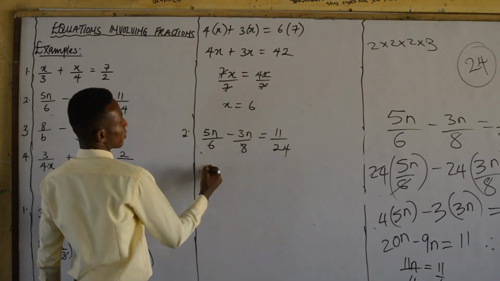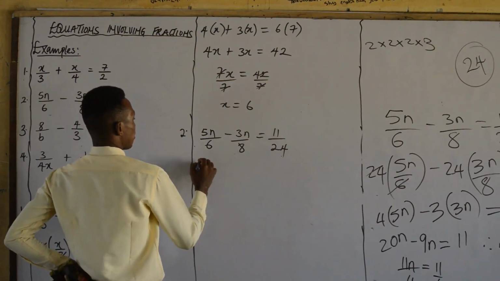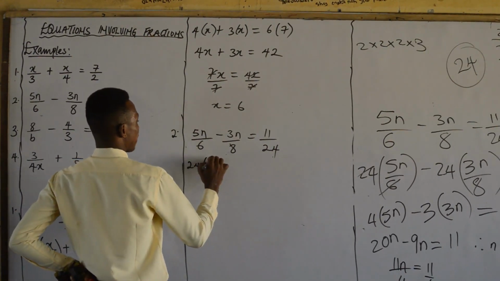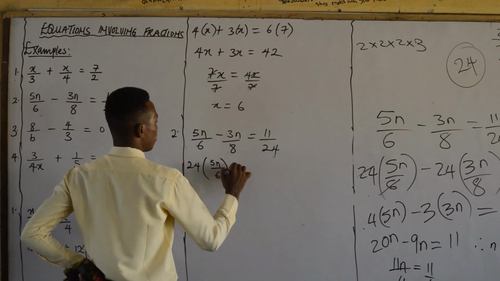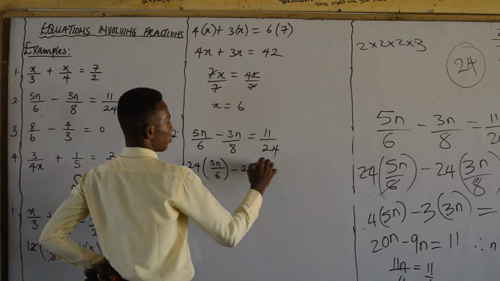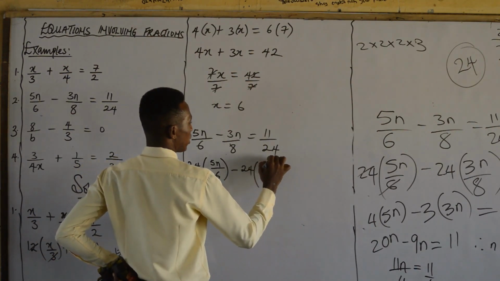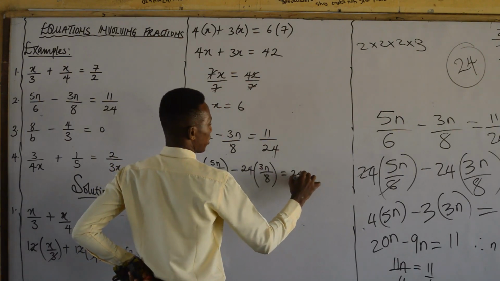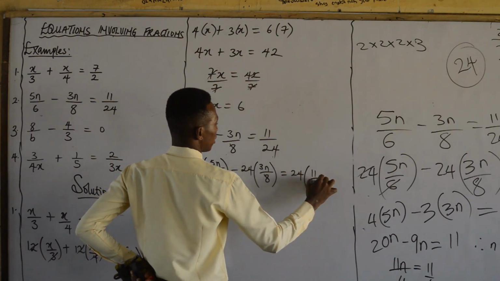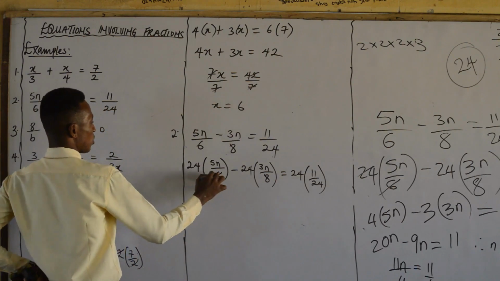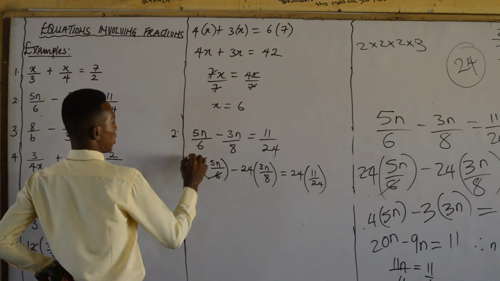So let's write now. In this case here, our LCM is 24. So 24 into bracket 5n over 6 minus 24 into bracket 3n over 8. Everything equals to 24 into bracket 11 all over 24. So this and this is gone. So here we have 4.